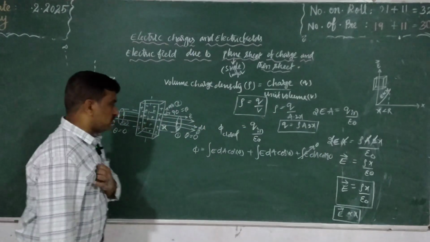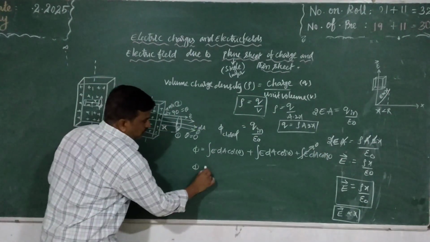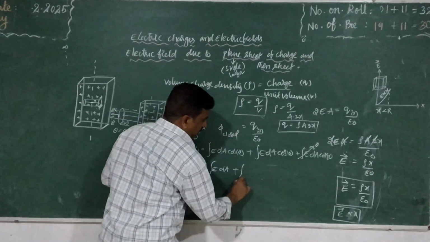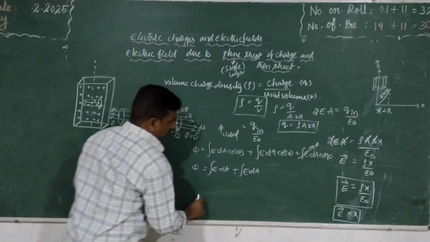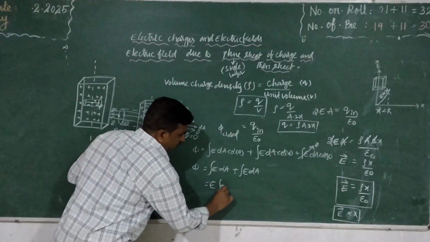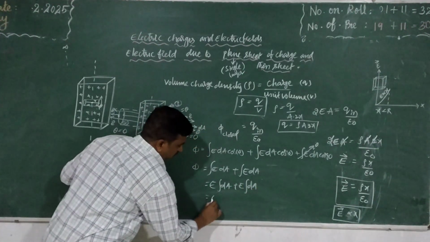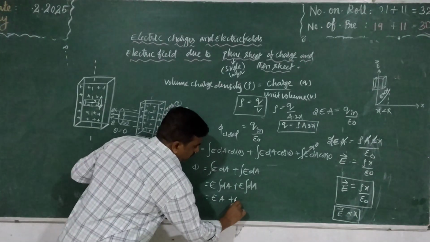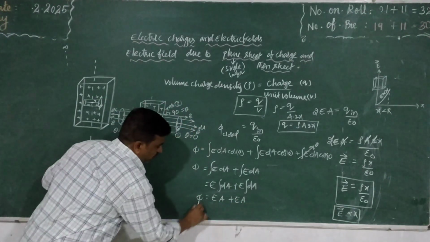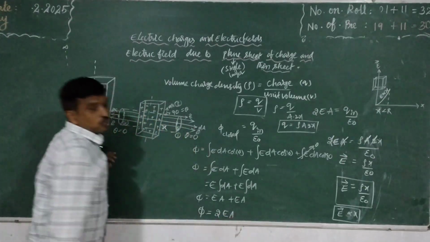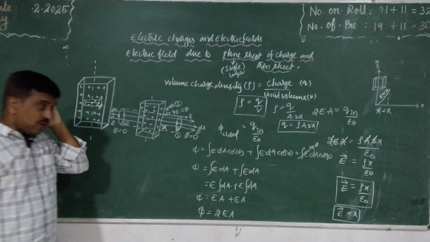We have only these two: flux through the closed surface equals integral E dA plus integral E dA. E is constant, so we write it outside: E integral dA plus E integral dA. So EA plus EA. What do we get? The flux through the closed surface is 2EA.